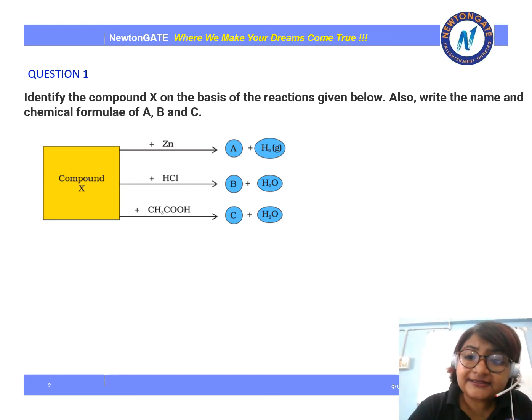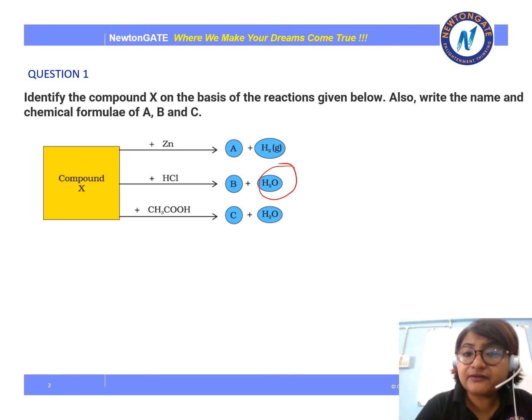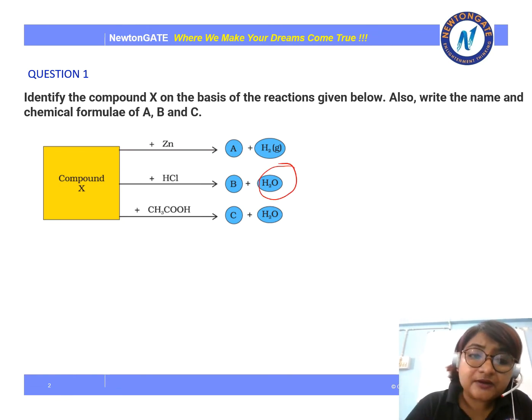Because see, X is reacting with HCl, which is an acid, to give you B and water. Since water is given here, compound X has to be a base, because base and acid will give you B, which is a salt, and water.